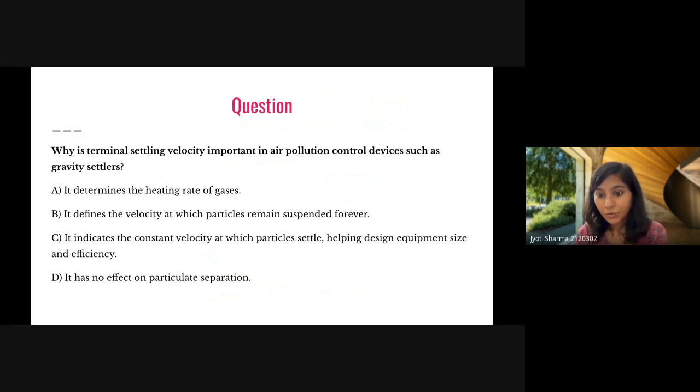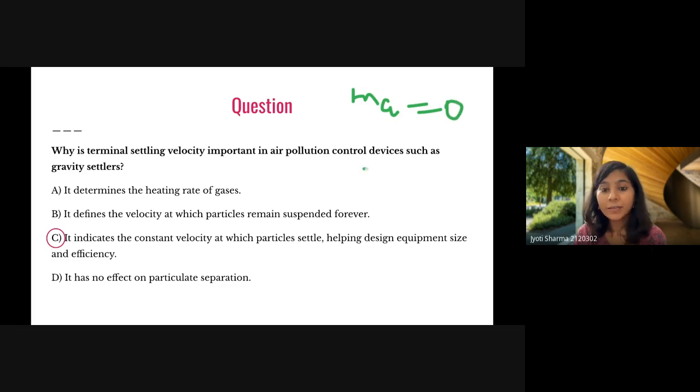Venkateshwara gave me the answer C. Yes, obviously. This is the constant velocity. As I told you, there should not be any acceleration, so a is equal to 0. It means the resultant force ma will be equal to 0.